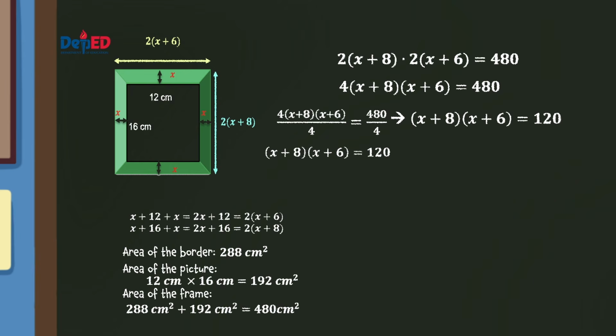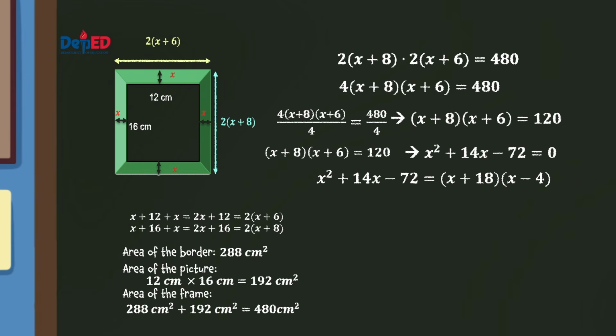In standard form, it should be written as x squared plus 14x minus 72 equals 0. The trinomial x squared plus 14x minus 72 is equal to the product of the binomials x plus 18 and x minus 4. Hence, the equation x plus 18 times the binomial x minus 4 equals 0.